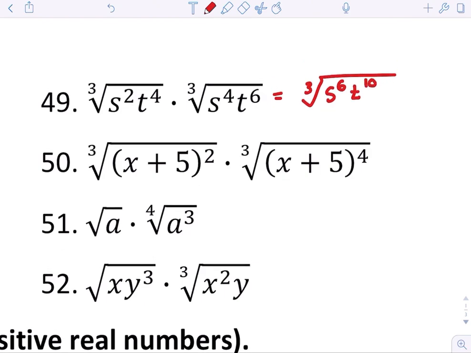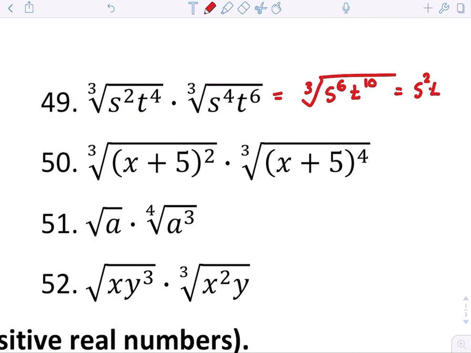Now take each variable and its exponent and divide it by the root, which is 3, right? So 6 divided by 3, which means 3 goes into 6 twice. That means we're going to have s to the 2nd. No leftovers. Now let's do t to the 10th, right? 3 goes into 10 3 times.